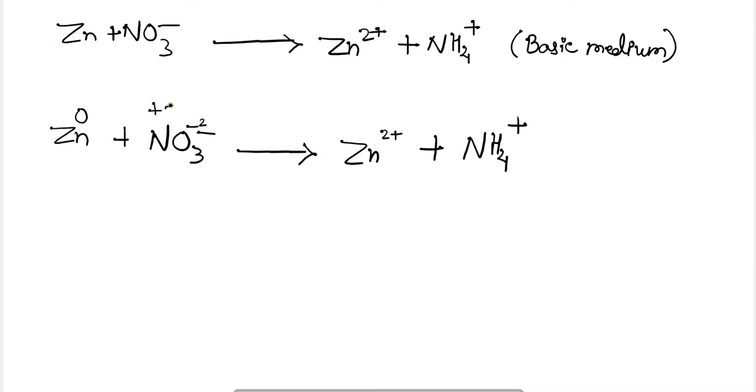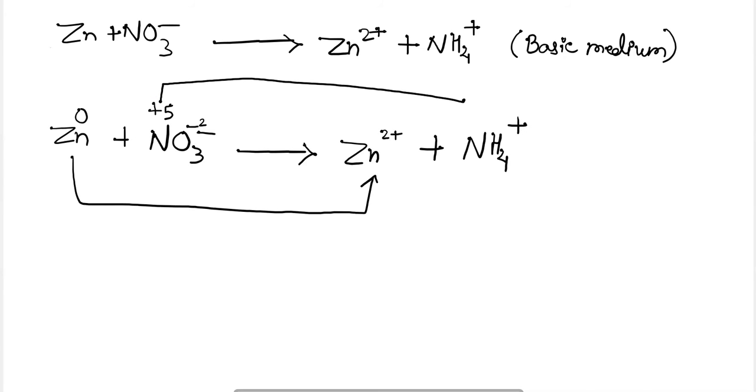So +5 will be for nitrogen. On the product side, zinc is having 2+ and the ammonium ion is having +1 charge. Now here we can observe that zinc has undergone oxidation and nitrogen has undergone reduction, because here -3 and +1 charge is there.